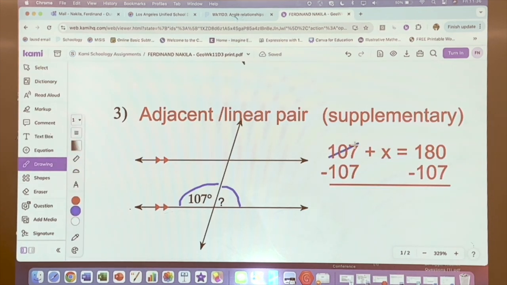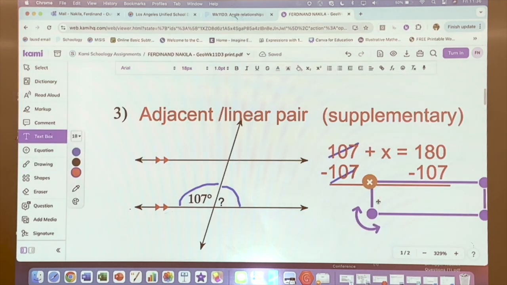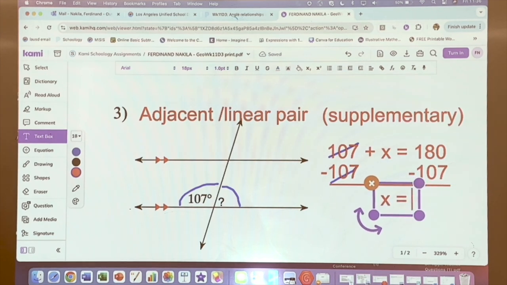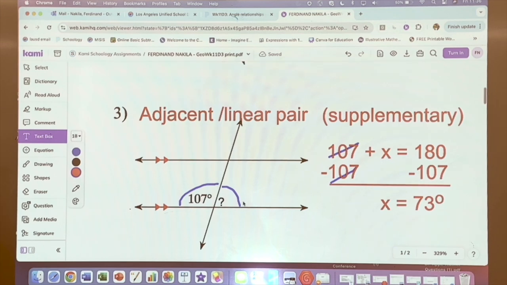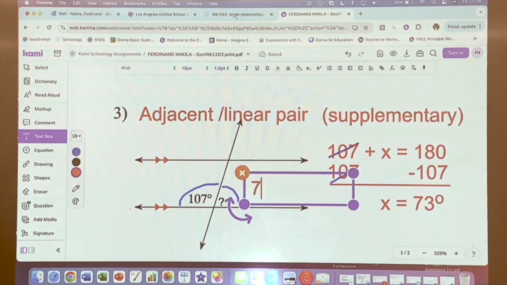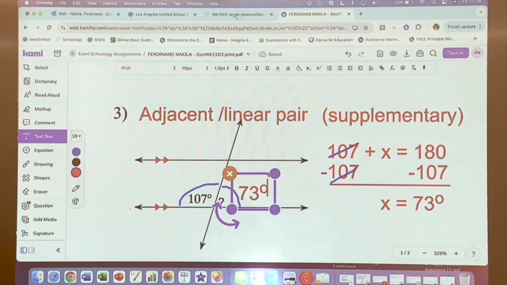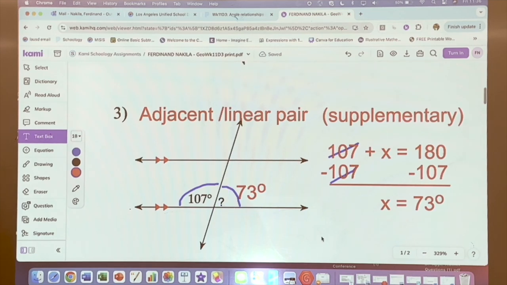That's 0. You only have x left on the left side. And what is x equal to? 73. And because that is a measure of the angle, don't forget to write the degrees. You can write it closer here. 73 degrees. Good.